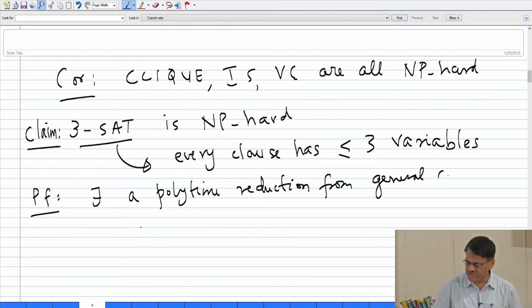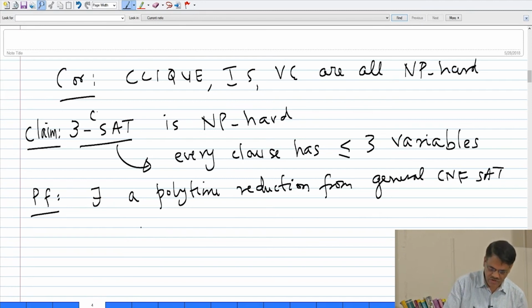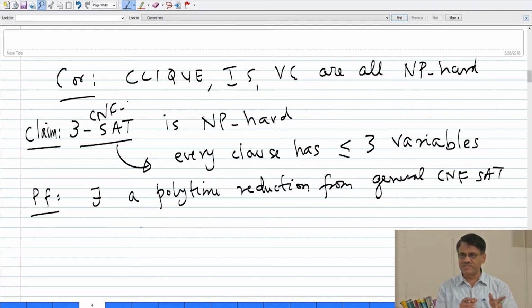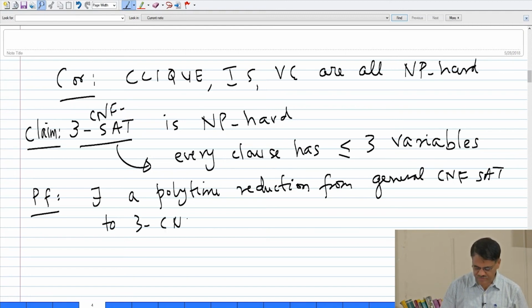We are always talking about CNF SAT, right? When I say 3 SAT, the reason I keep saying CNF is there are more versions of SAT where you can have all kinds of functions of the 3 variables, but let's restrict to 3 CNF SAT, from general SAT to 3 CNF SAT.